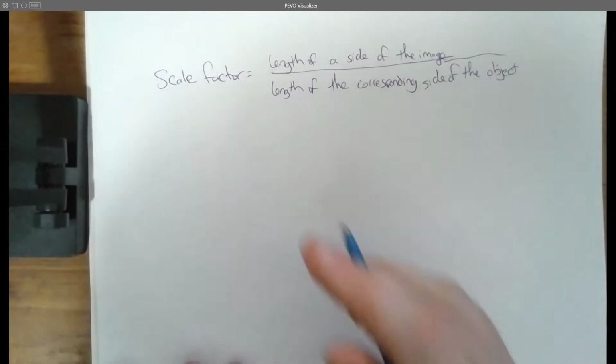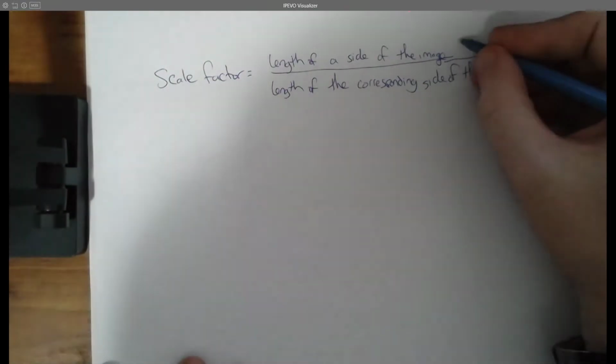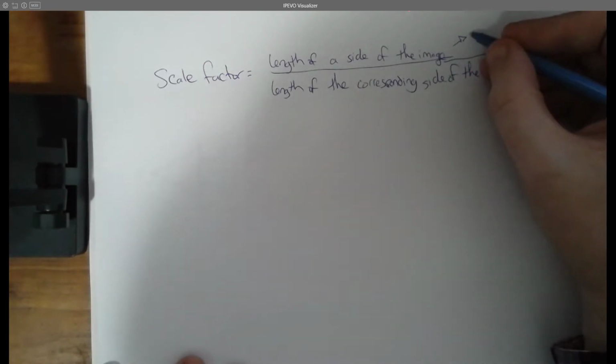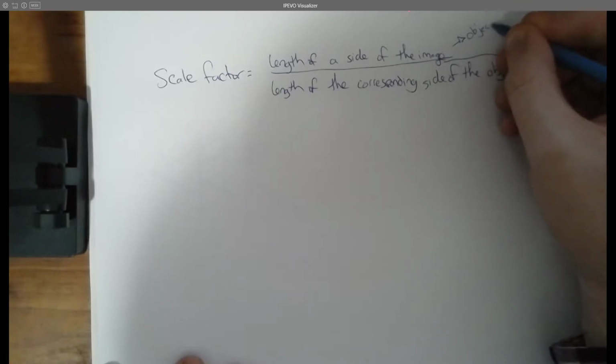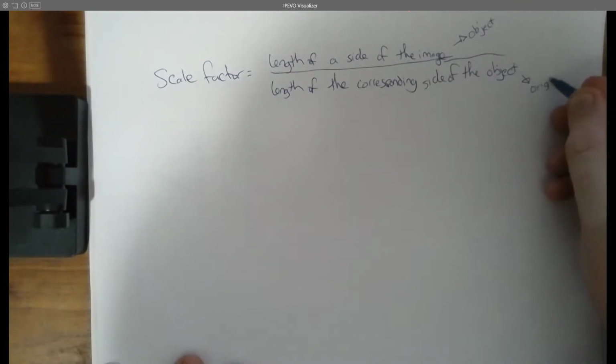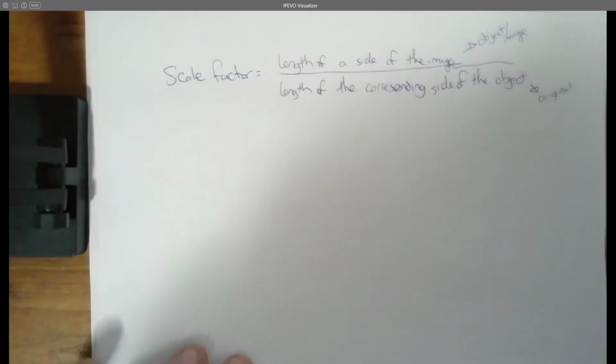If you're getting tripped up by the wording, don't worry too much about it. Basically, what we do is we get a side length of the object and compare that with the side length of the original. The object or image, sometimes we call that, with the original.